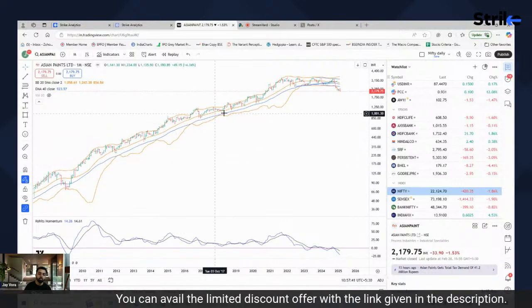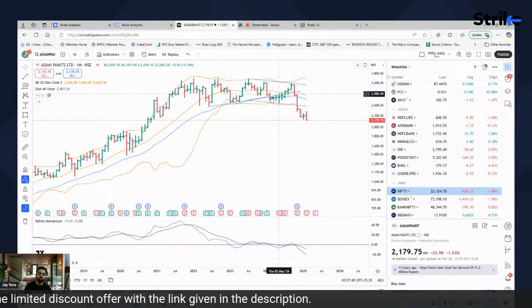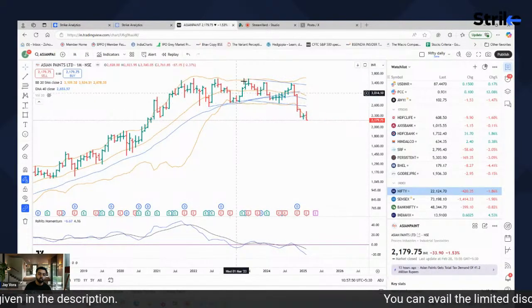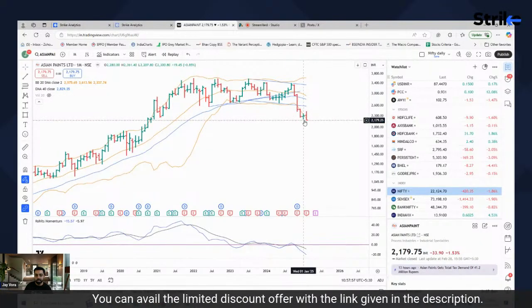It used to hold the 40 month, and then around this time it started to test the 40-month more often, and it broke over here. From 2800 it has gone to 2100.